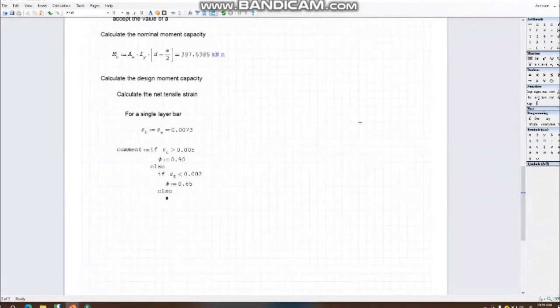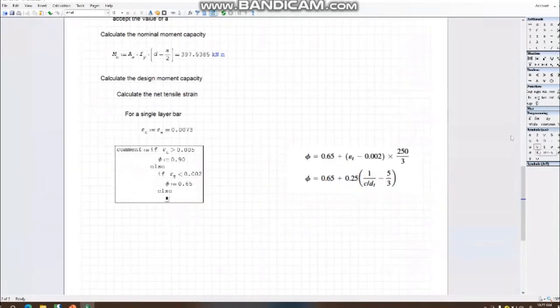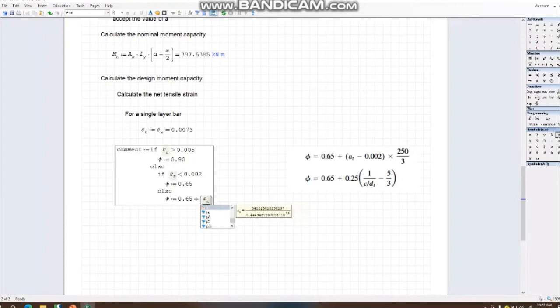Else, this value is equals to 0.65 plus epsilon T minus 0.002 times 250 over 10.